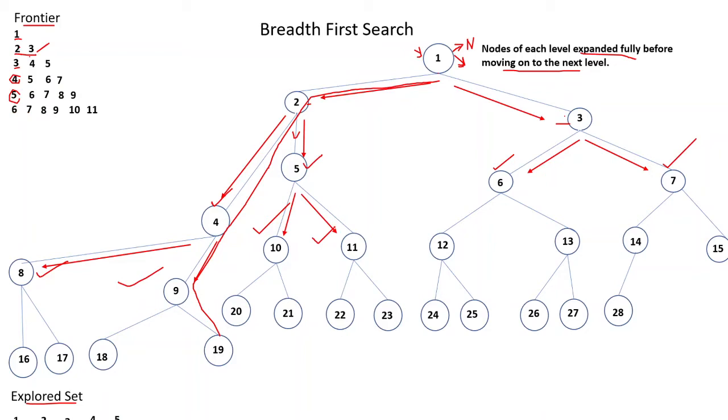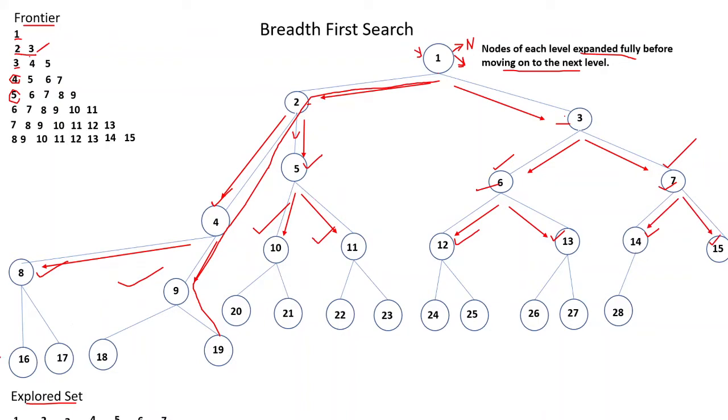The next node to be explored is node number 6. Node number 6 has two successors, 12 and 13. So these are added to the frontier list, and node number 6 is moved to the explored set. So in this fashion, we keep on exploring. The next node naturally will be node number 7 with the successors node number 14 and 15.